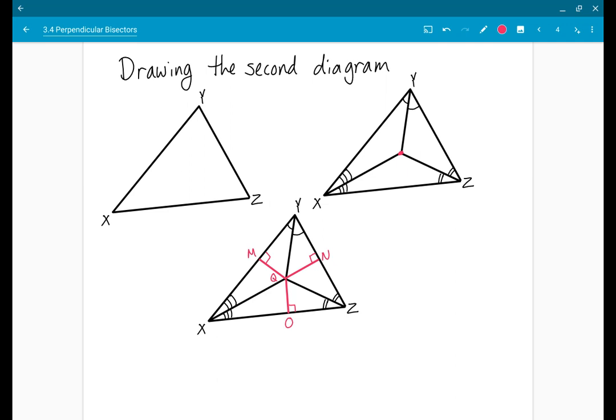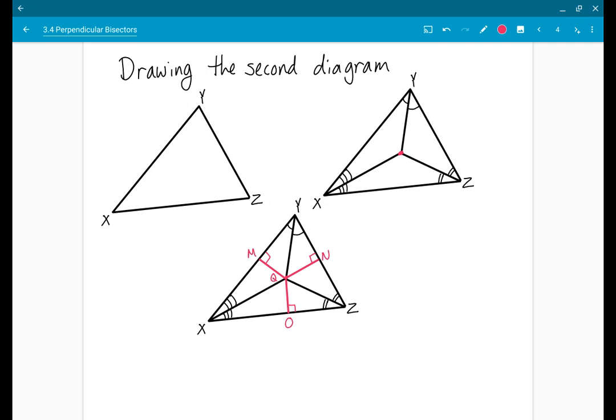Last, we can conclude from this that the distance from the point of concurrency, which I labeled Q here just to make sure it's different from the other one, is equidistant to the sides. So we're trying to find the shortest distance from that point to the side, and it should look like it's perpendicular to the side if you've done it correctly.